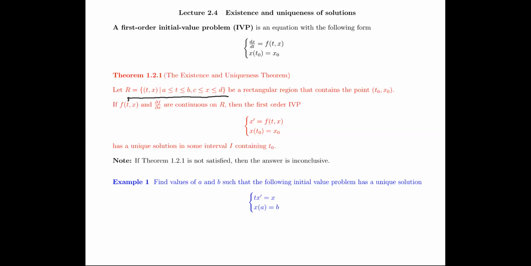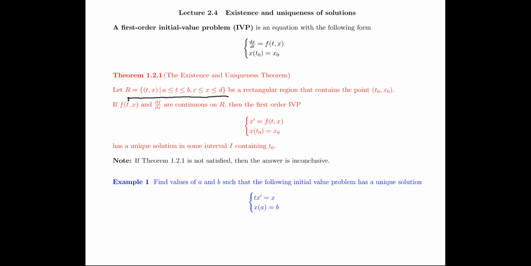If on that region R, both f of t, x and the partial of f with respect to x are continuous on that entire region, then the first order initial value problem has a unique solution in some interval containing t naught. So again, what does that say? It says not only will we have a solution, but that solution will be unique.